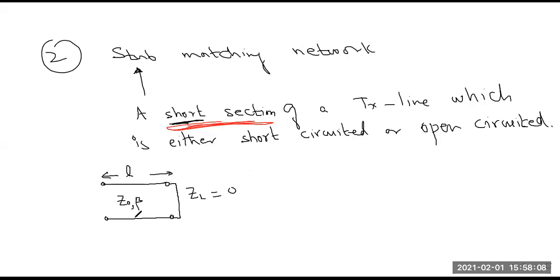What we found about this transmission line is its impedance behavior. Let's assume we put this transmission line inside a completely closed box, and outside of the box we have these two connections.